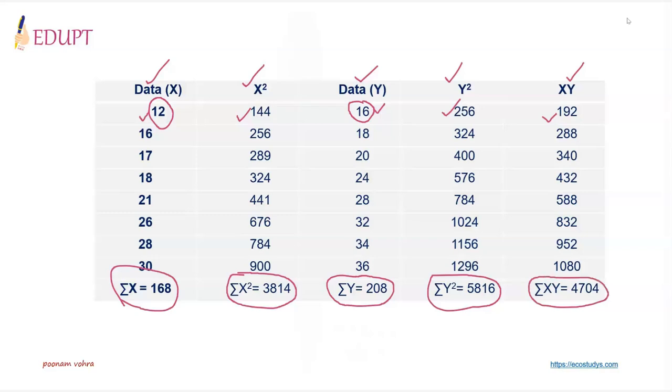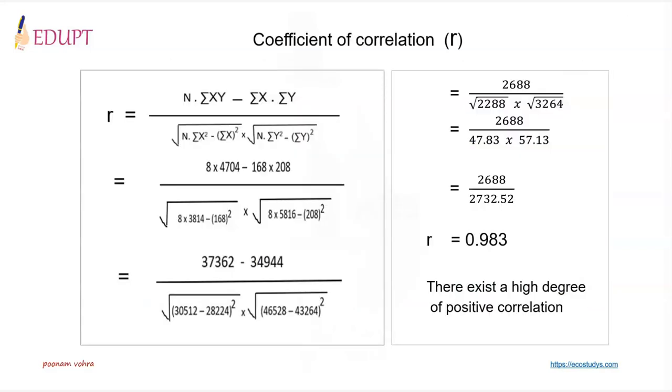Now you need to apply the formula. Once the table is complete, one needs to apply the formula. The formula for the direct method is r is equal to n into sigma xy minus sigma x into sigma y, divided by the under root of n into sigma x square minus sigma x whole square, into, once again, under root of n into sigma y square minus sigma y whole square.